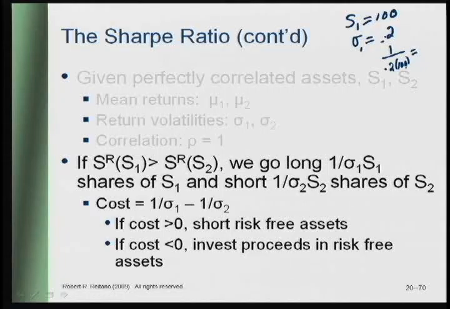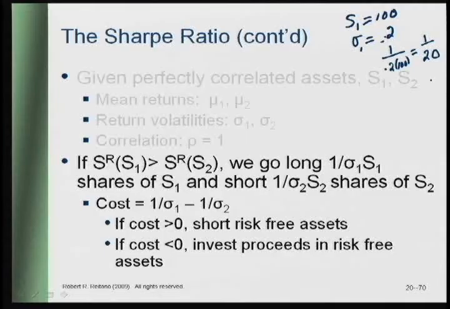And 0.2 times 100 is 20, so it's 1 over 20. So we're going to buy 1/20th of a share.